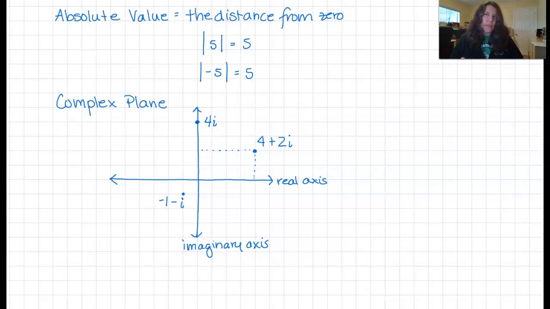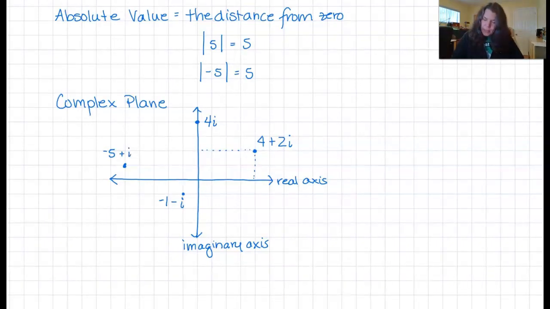Now let's just say, where would you put negative 5 plus i? 1, 2, 3, 4, 5, plus i. If you were thinking right there, you were right. Over negative 5 on the real axis, and up positive i on the imaginary axis.